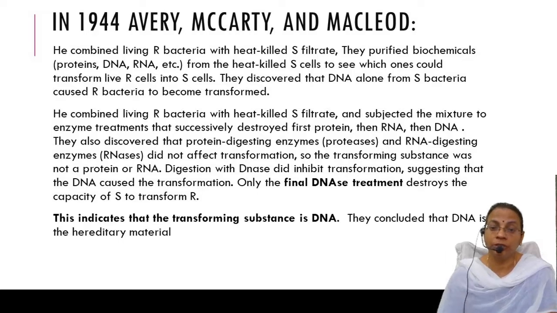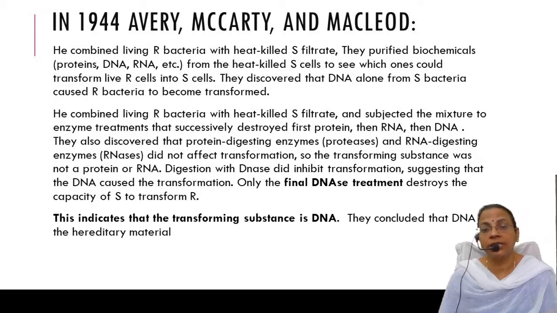Then, to prove it further experimentally, they used enzymes. They took three enzymes: protease, DNase and RNase. The speciality is that protease can destroy protein, RNase can destroy RNA, and DNase can destroy DNA.